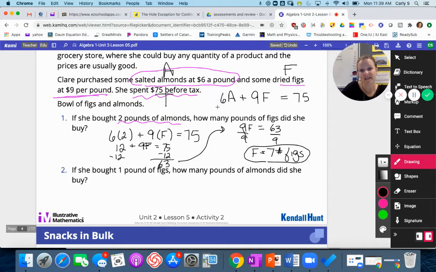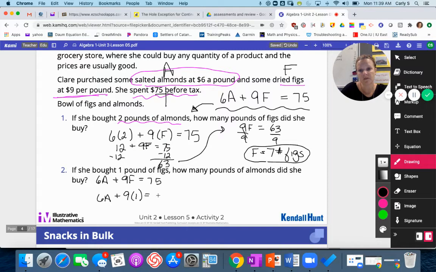So first I had to set up an equation, and then I can use the equation for number 1, and I can use the same equation for number 2. This represents her mix. She spent $75. We don't know how many pounds of almonds, how many pounds of figs, but we know she spent $75. So here she bought 1 pound of figs. How many pounds of almonds did she buy?